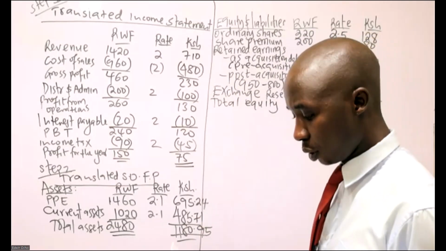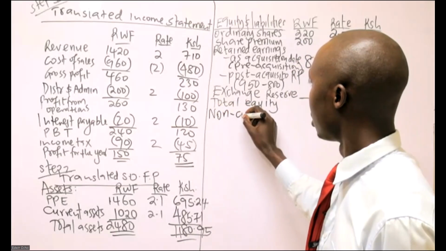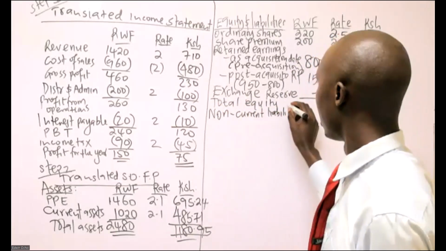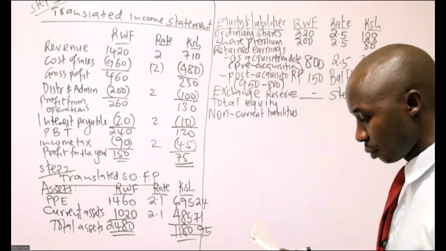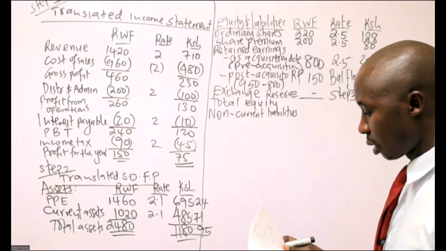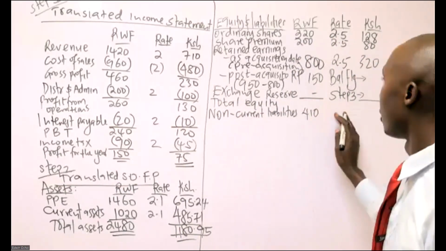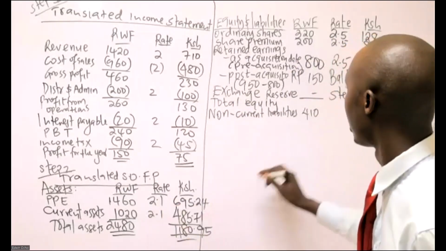Then after total equity, we talk about non-current liabilities. So for the non-current liabilities, we have 410. We translate at 2.1.